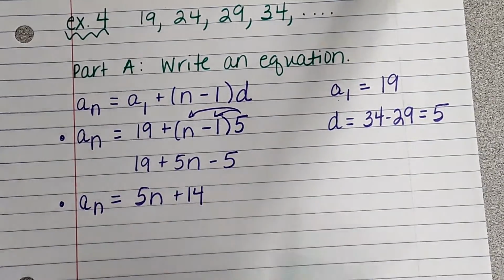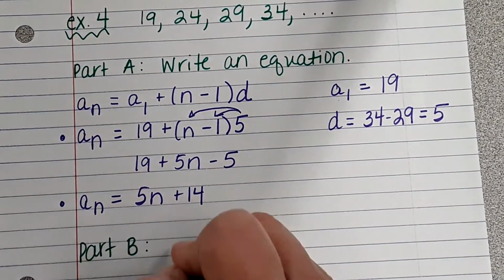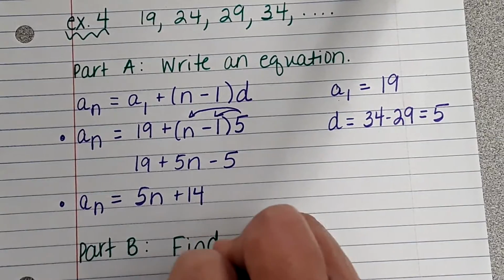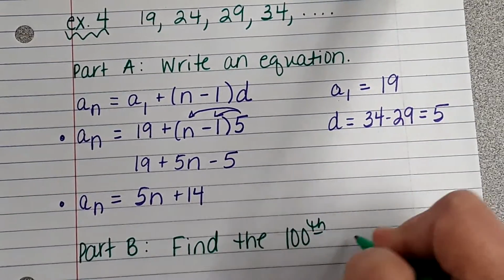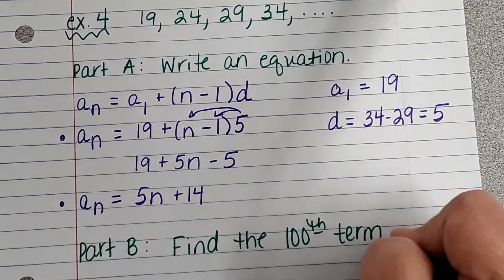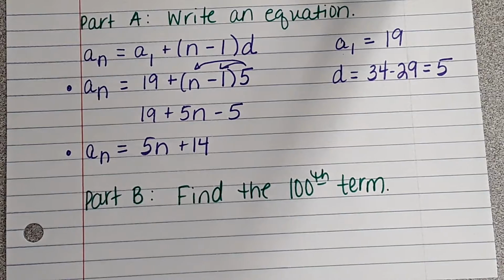Now part B is let's find the 100th term. There's nothing stopping us if we have the equation. You guys, it's a lot easier than to keep adding 5 100 times, right?